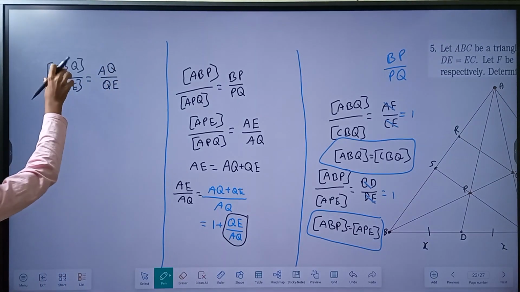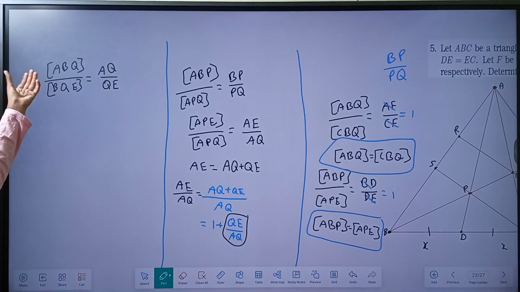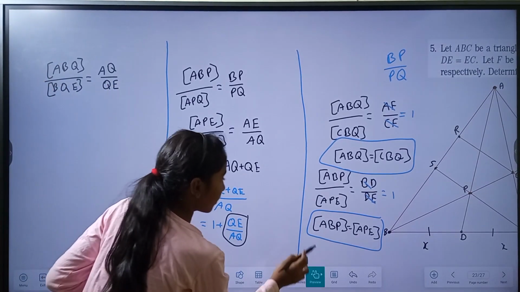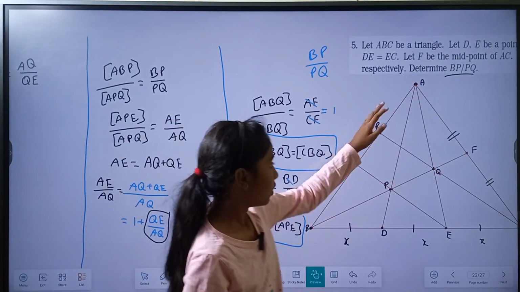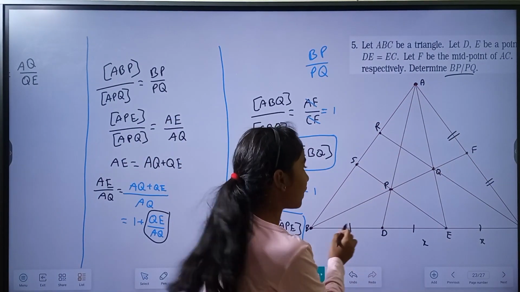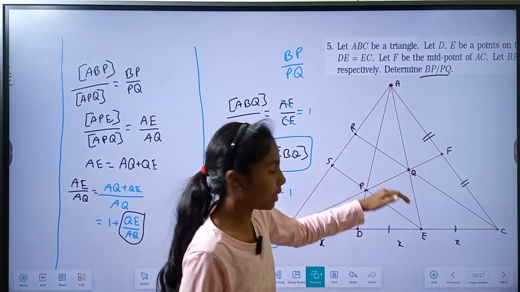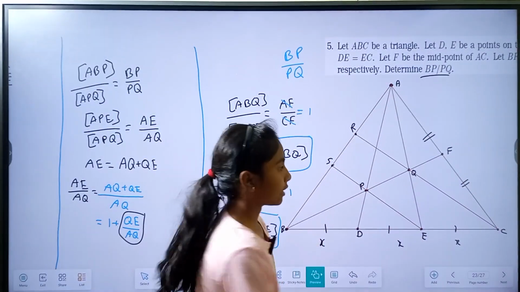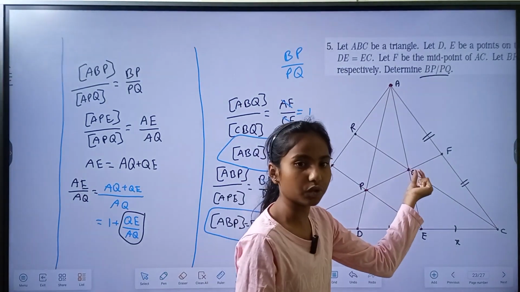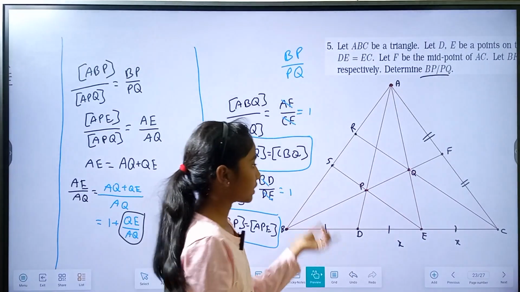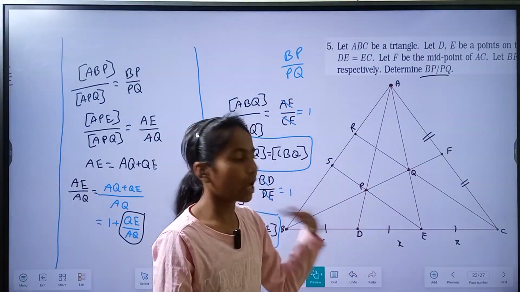Now we want to find what this ratio of areas is also equal to. This is ABQ and this is BQE. Now we have the triangle BQC, and the triangle BQE is also inside it. These two triangles have the common vertex Q, and the bases for that vertex, BE and BC, lie on the same line.